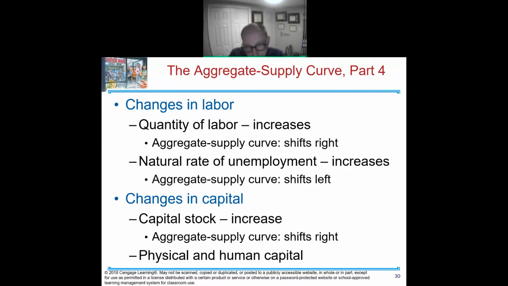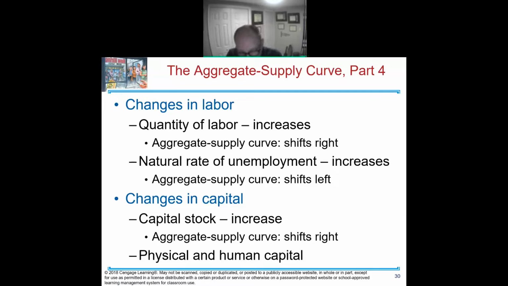So when there's changes in that, there's going to be a shift. For those of you who know me from accounting, I talk a lot about raw materials, direct labor, factory overhead, and all of the things that go into manufacturing a product. The same exact thing applies here.